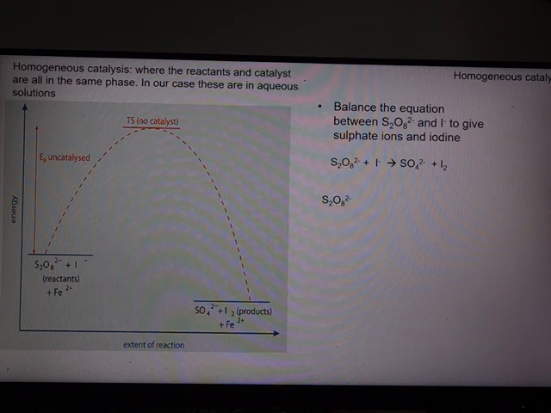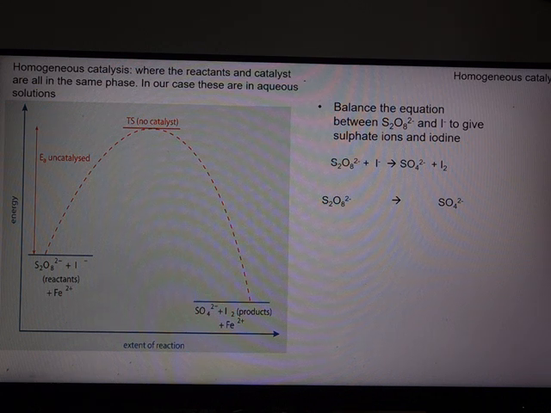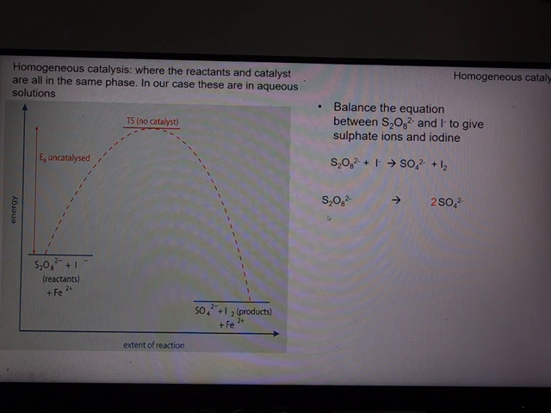So thiosulfate turns into sulfate. First of all, you balance the atoms, if you like. So here you need to put a 2 in front of sulfate. Then all the atoms are balanced. You've got 2 sulfur on each side and 8 oxygen on each side. Then you worry about the charges.